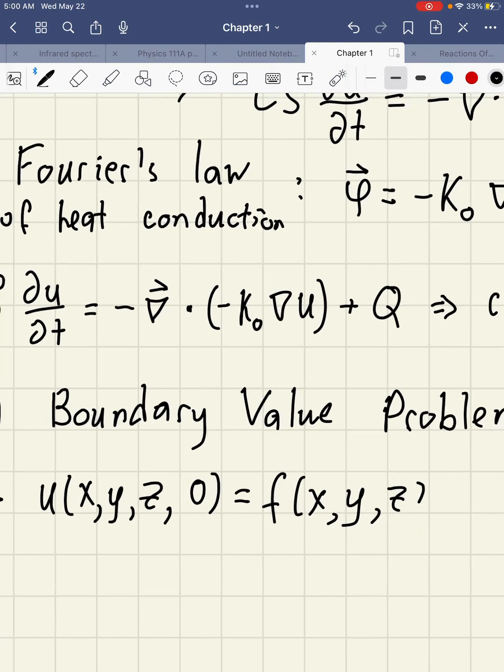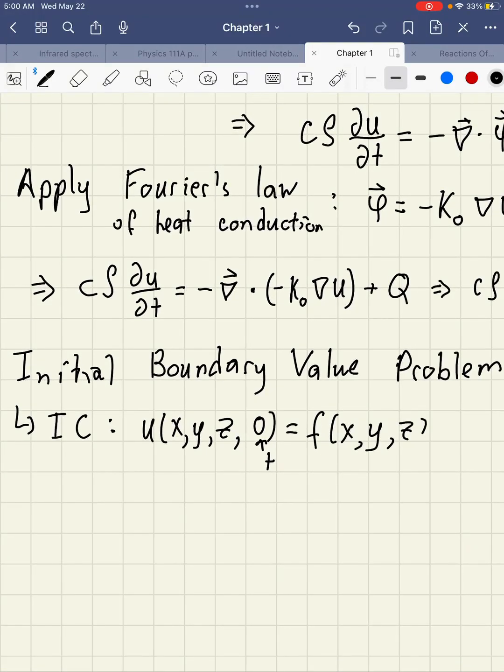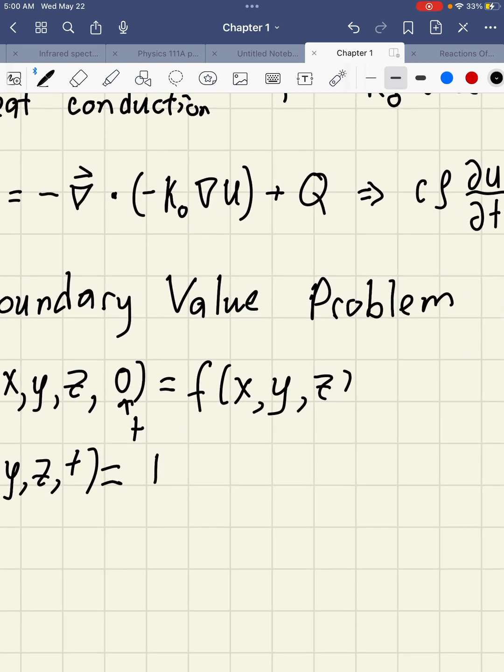I will just put a small note here that this is t, so no confusion in the further derivations. So this is my initial condition. Now for boundary condition, I will use my prescribed temperature, and I can say, okay, let's say my prescribed temperature at (x, y, z) at time t is just defined as a temperature function of x, y, z, and t.